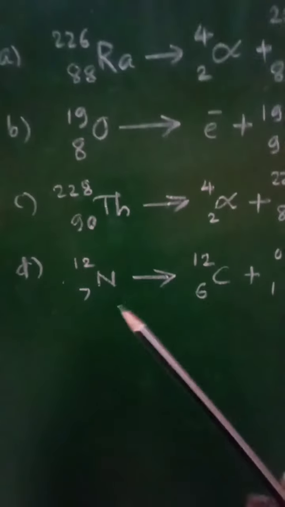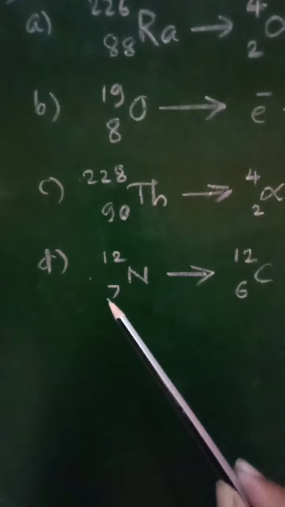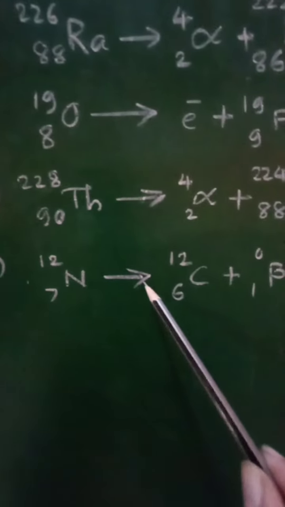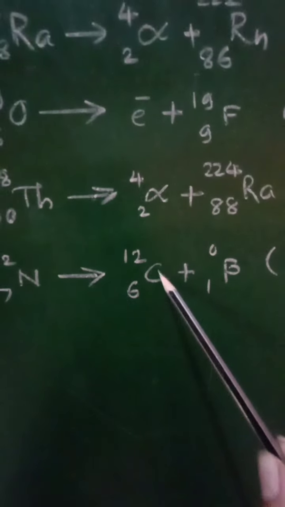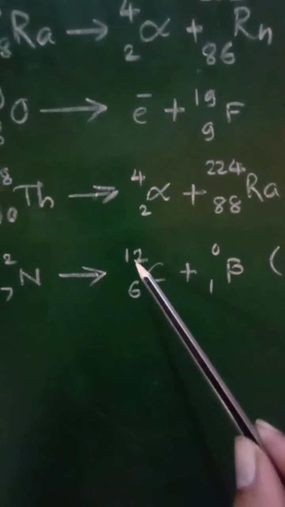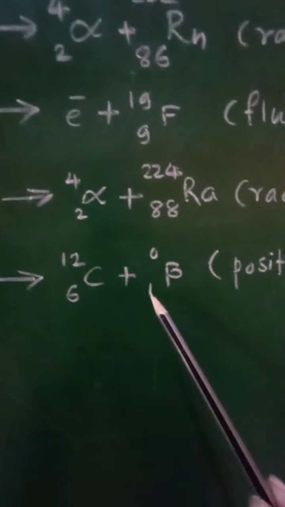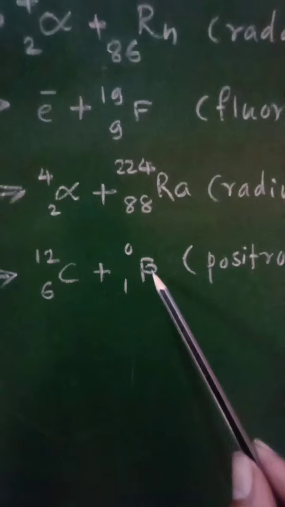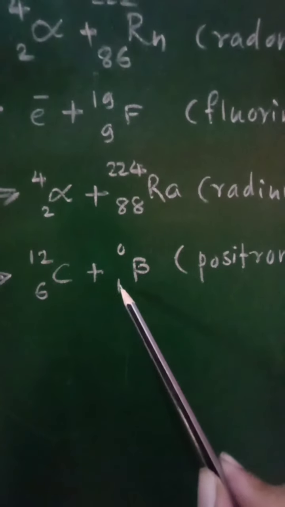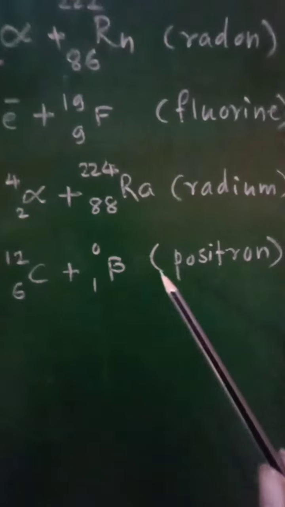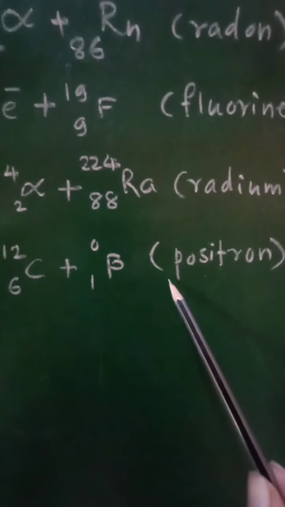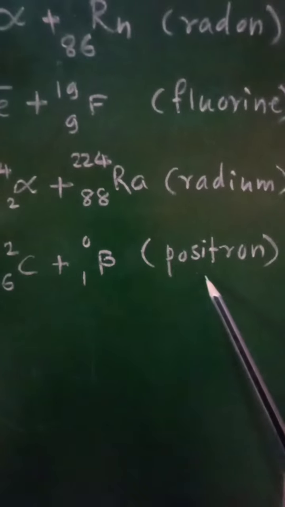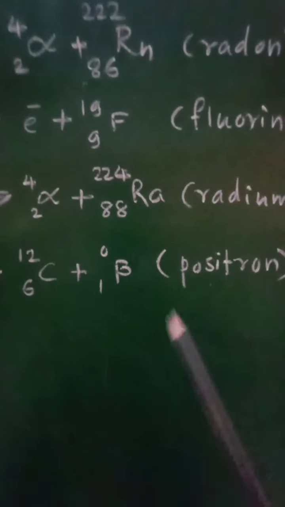Then D, for nitrogen having atomic number 7 and mass number 12. When it undergoes decay, it gives rise to carbon with atomic number 6 and mass number 12, along with a positron, that is e plus or beta plus, atomic number 1, mass number 0. So along with carbon, a positron will be emitted in this reaction.